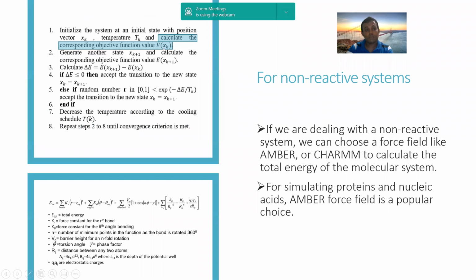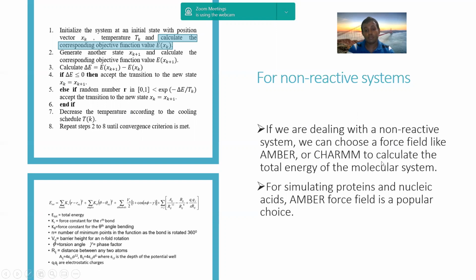So let's look at each of the individual steps of simulated annealing in terms of molecular optimizations. Now, in the first step, let's have a look at how we calculate the energy, which is the objective function, the potential energy, for non-reactive systems, that is systems where we are not interested about the electronic interactions, where there are no chemical reactions occurring. We calculate the potential energy using force fields like AMBER, CHARMM, GROMOS.